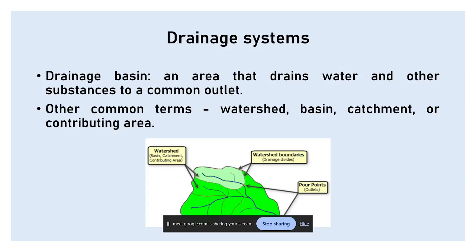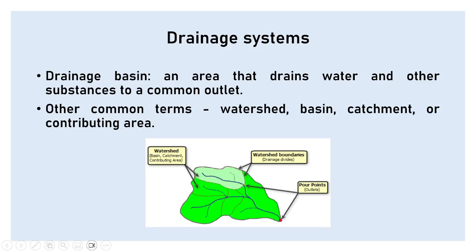So the drainage basin, as we say, is basically an area that drains water and other substances to a common outlet. Okay, so here we have an example of the drainage basin. Here is the outlet. It has come and spread out, and then you have outlets over here.